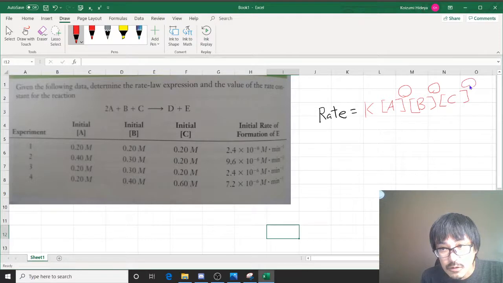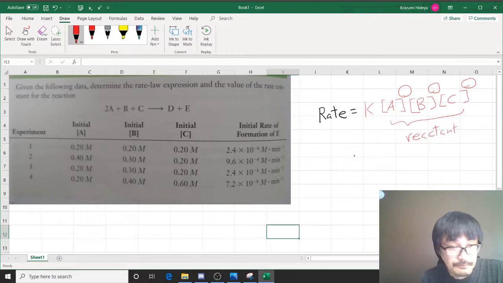These are all reactants, okay? And what we need to do is find out the power. For example, what is the power of A, power of B, power of C? So let's think about the power of A first.